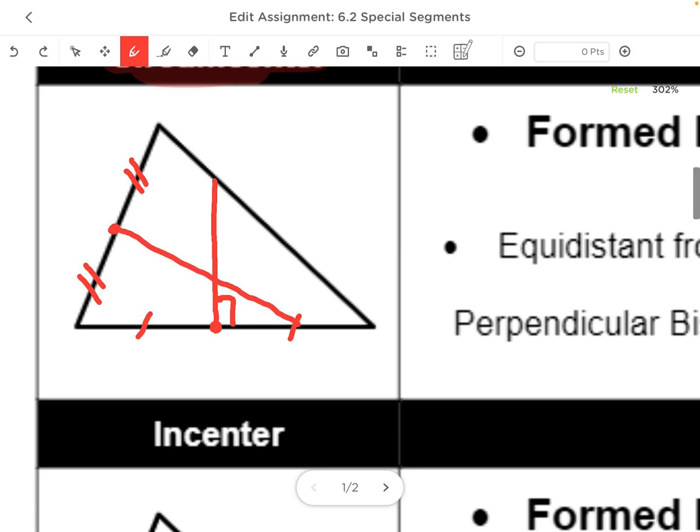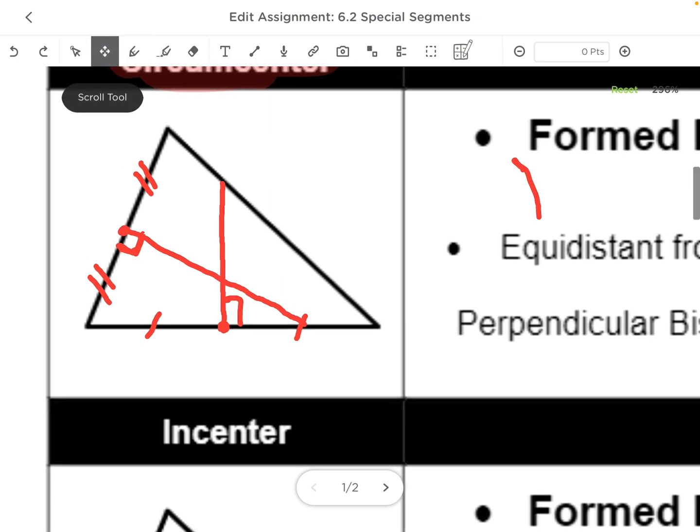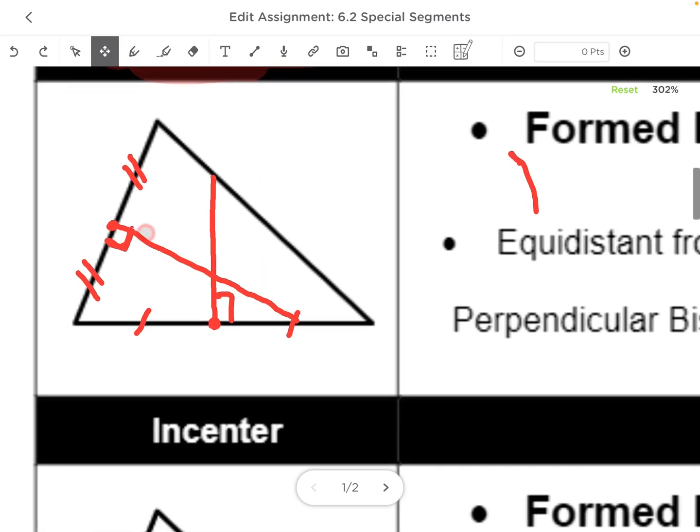It's going to look kind of like that. You can turn your paper if it helps. Okay, so then that's that. Now let's do the third one. This side, where's the middle at? The middle would be right about there.